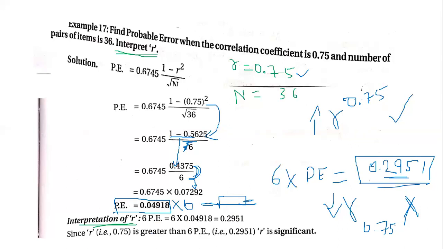So what they are trying to say here is, since R, that is 0.75, is greater than 6 PE, R is significant. If R was, let's say, 0.12, then R is not significant. Since R is greater than this value of 0.2951, R is significant.